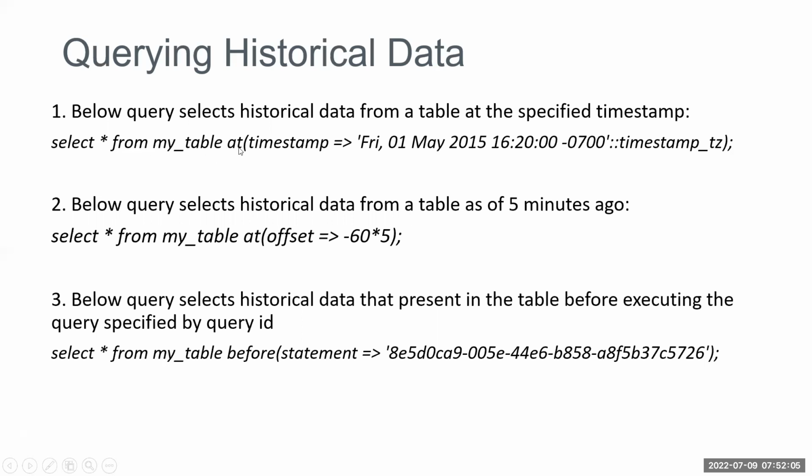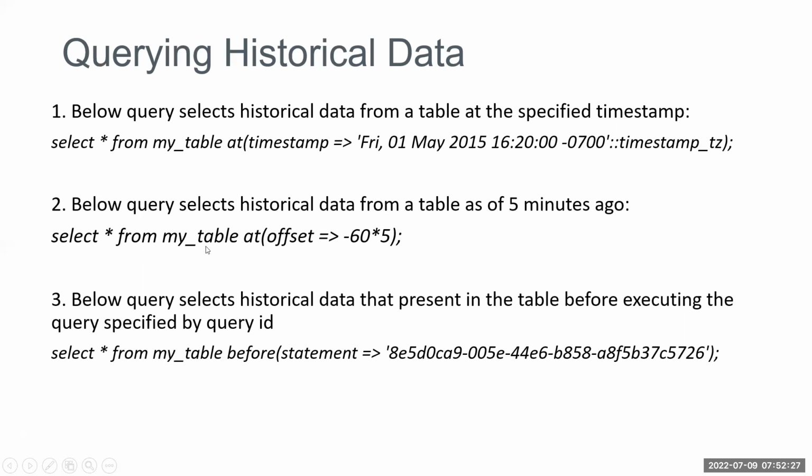Inside the parenthesis we have to use timestamp and mention the timestamp. Before that timestamp, what was the data present in the table? We can bring that data. And if you see here, the second way: the below query selects the historical data from a table as of 5 minutes ago.